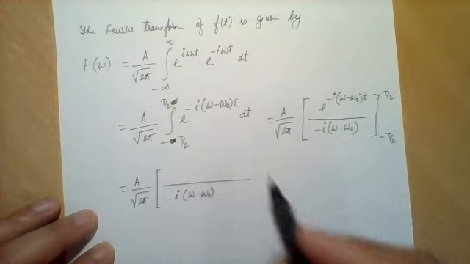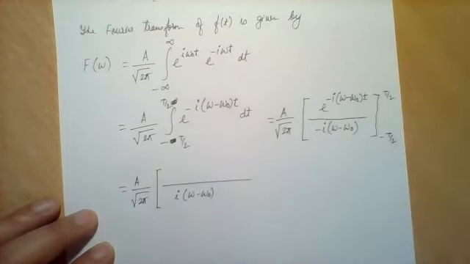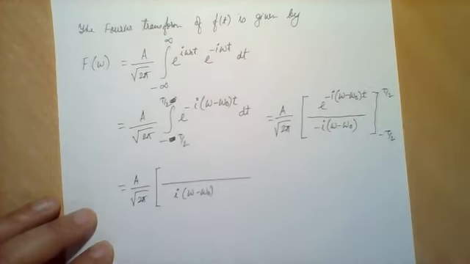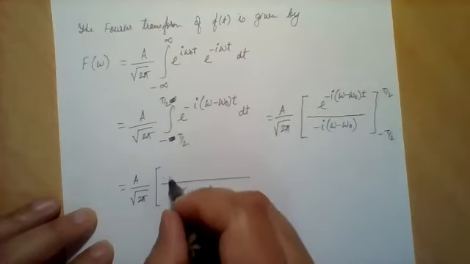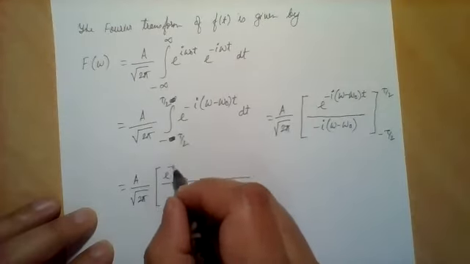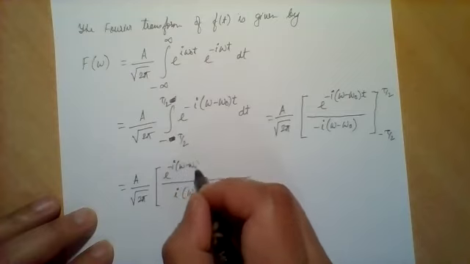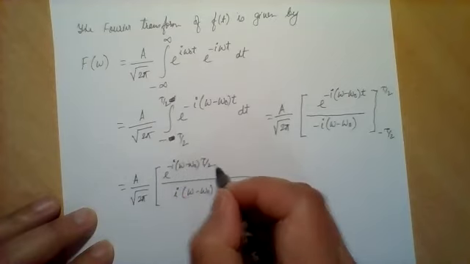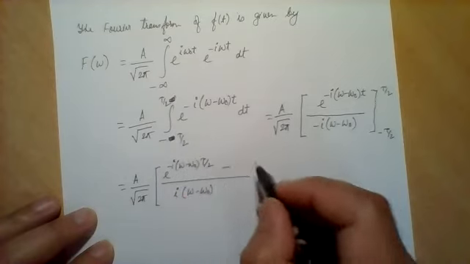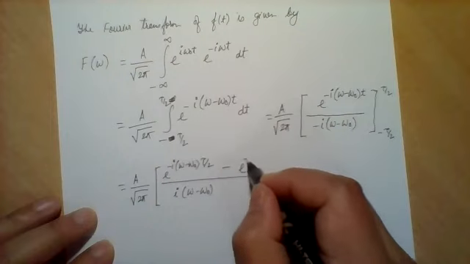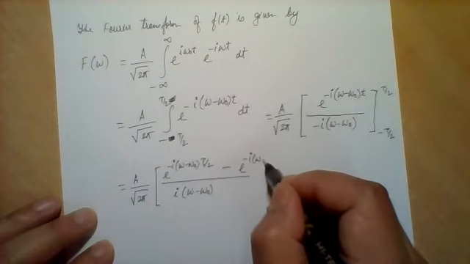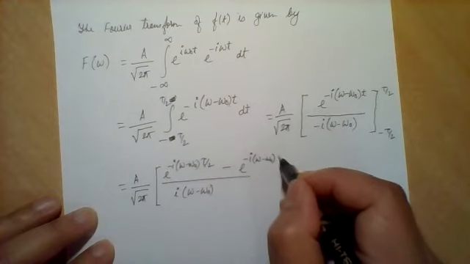In the numerator, first we insert t equal to tau by 2. So it will be e to the power minus i (omega minus omega naught) tau by 2, minus e to the power minus i (omega minus omega naught) times minus tau by 2.